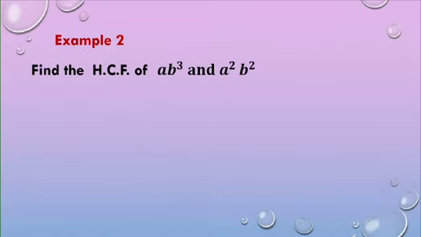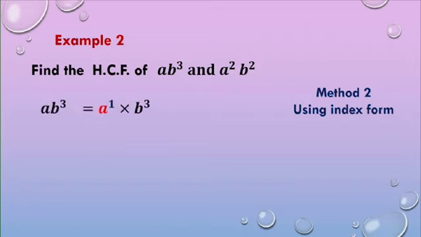Let's look at another example. We're going to find the HCF of AB cube and A square B square, now using the method of index form. First we write AB cube as a product of its factors using index form. So AB cube is A power 1 times B power 3, and A square B square is equal to A power 2 times B power 2.